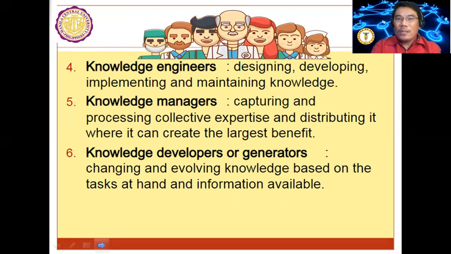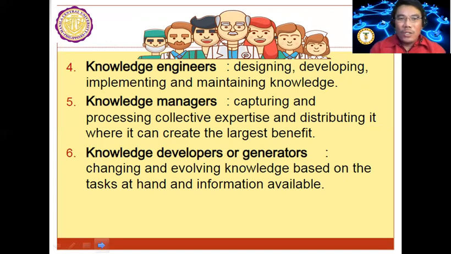Number six, we considered knowledge developers or generators because nurses have used the evolving knowledge to become visionary. Visionary whenever there are trends and upgrading of the use of technology.